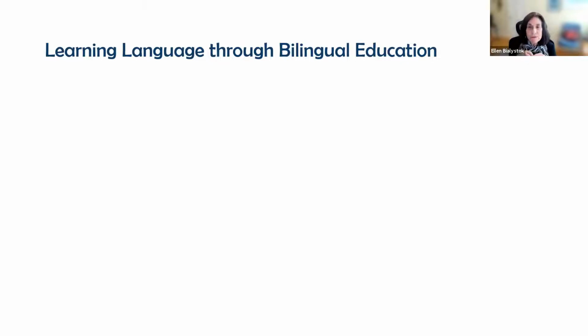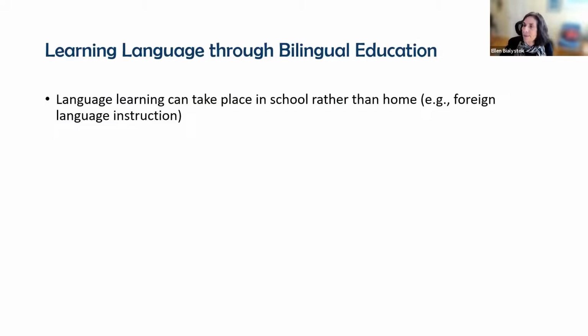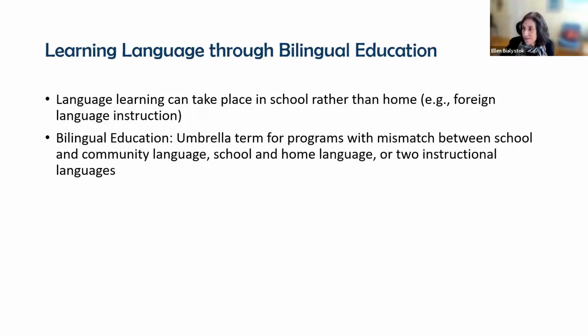But some children become bilingual in school through bilingual education. Sometimes it's through foreign language instruction, but sometimes it's through a more immersive or intense program of bilingual education. Bilingual education really is an umbrella term.